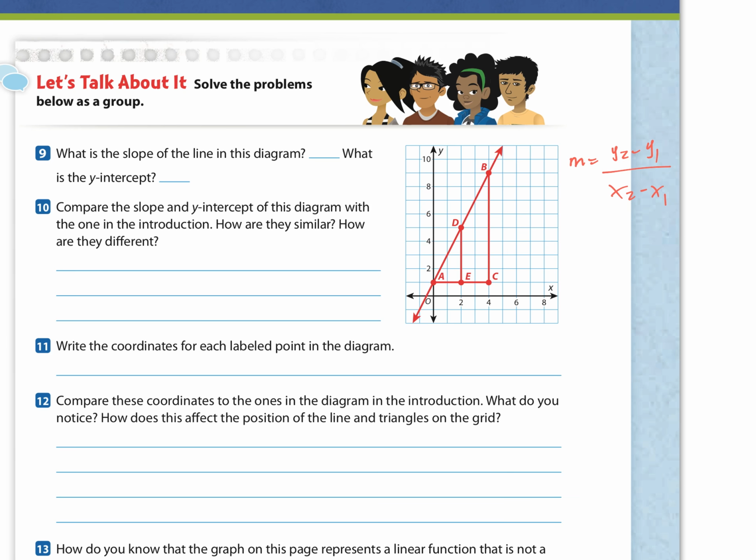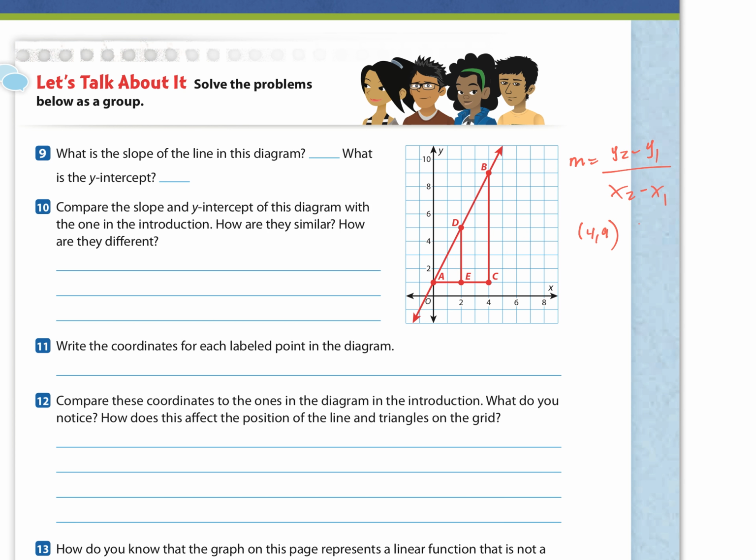x1. All right. Now, I need to choose 2 points. Any 2 points. Can somebody give me 1 point that we can use? Acosta. 9, 4. You mean 4 and 9, right? Yeah. Okay. And the next point, Poveda. 2 and 5.